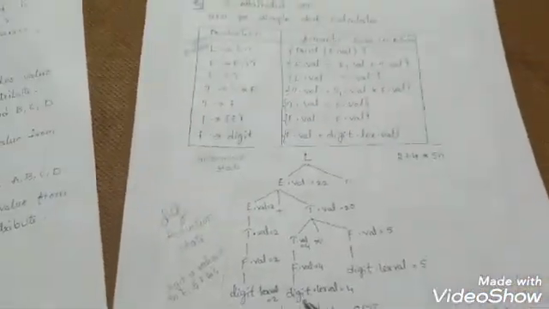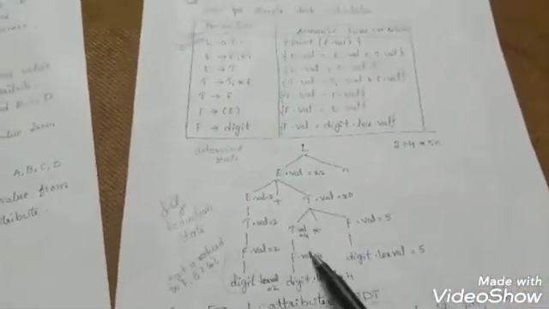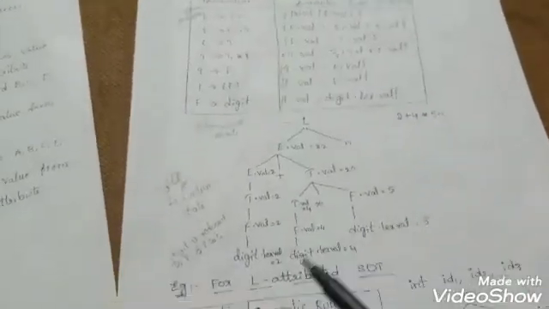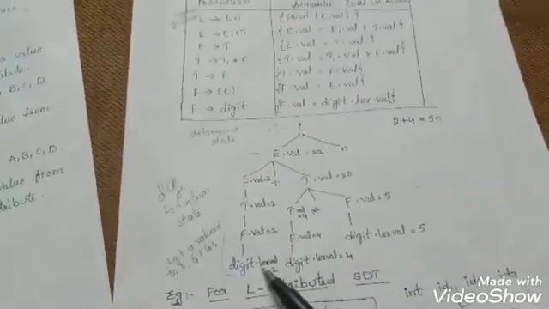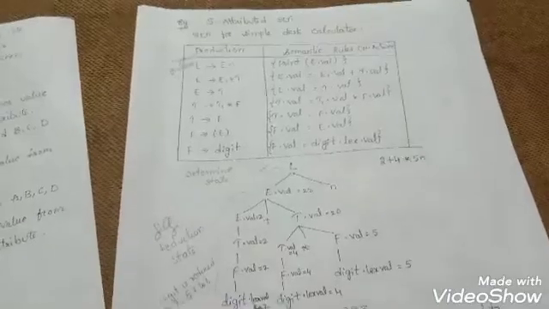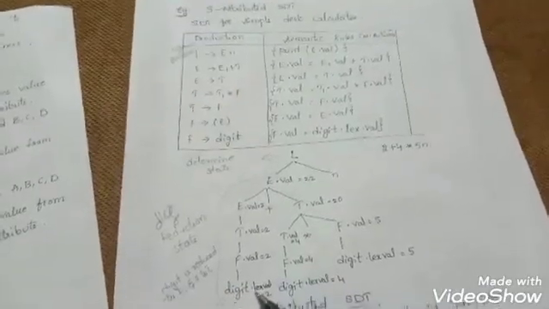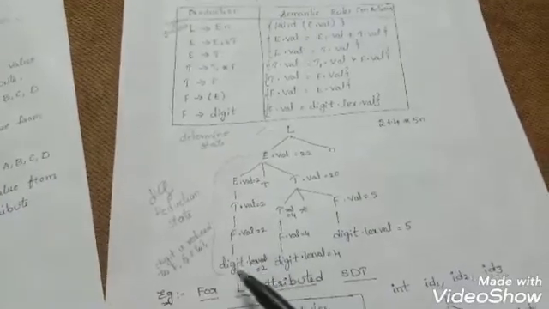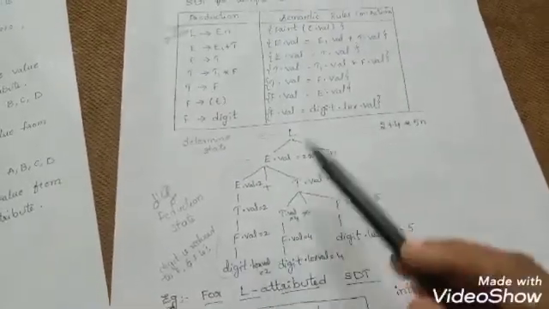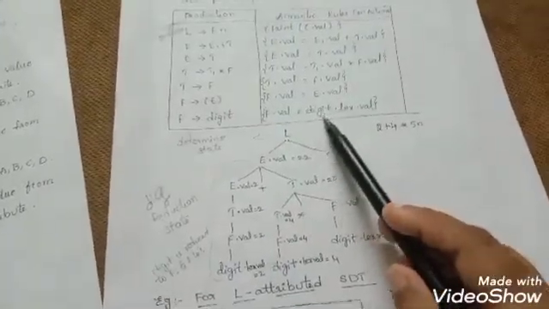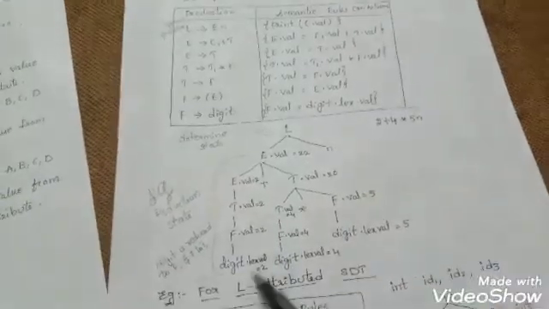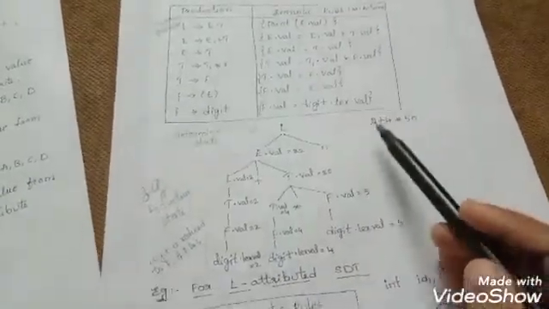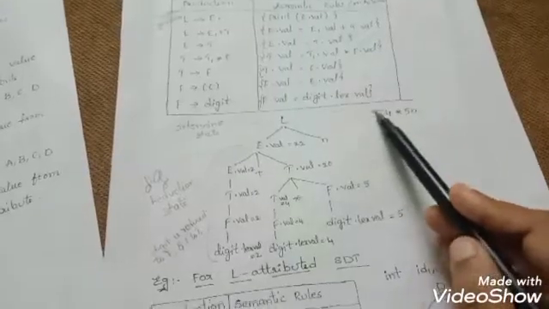Now we have to write the semantic rules for these productions. As we have discussed, S-attributed follows bottom up parsing, so from the bottom we need to start. For digit, the semantic rule is digit.lex.val, and from the given expression the value is 2.